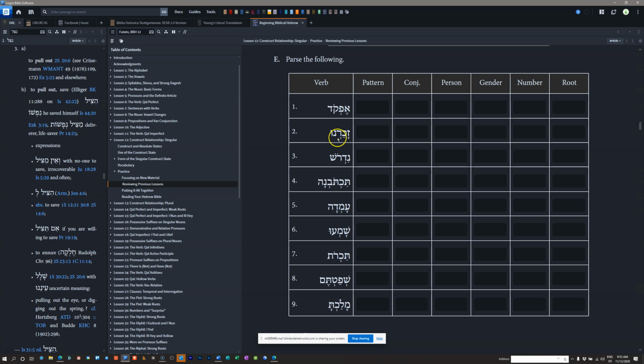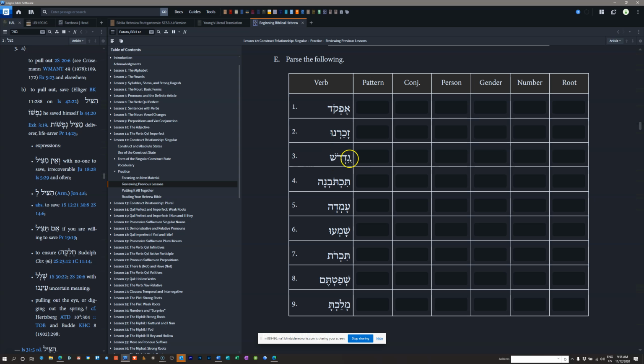Let's back it up to the nun. What about nun shureq? Is that a suffix that I'm familiar with? Yes, in the qal perfect, the 1cp uses the nu suffix. This is qal perfect 1cp. I'm left with zachar as my root.